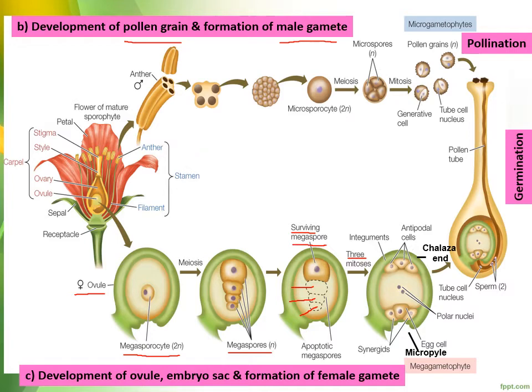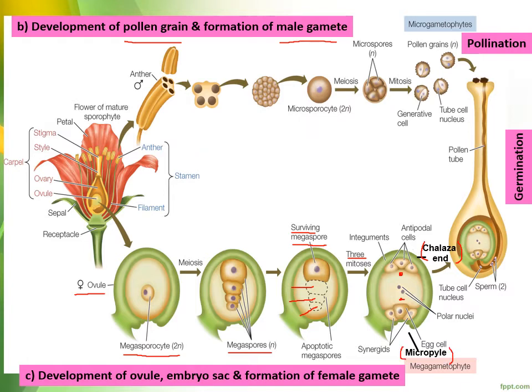Okay, so 4 of the nuclei, so let's assume there's another nuclei here, 4 of the nuclei are located near the chalaza end. And another 4 of the nuclei are located near the micropyle.